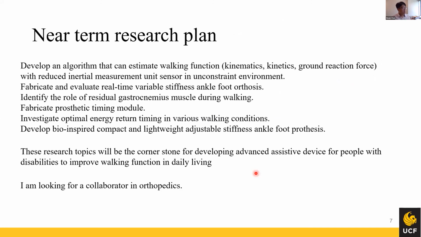So my near-term research plan is that we are now building platforms, such as devices which can alter the stiffness: a semi-active variable stiffness ankle orthosis and prosthesis. We are also developing the technical basis for how we can identify human motion outside the lab.